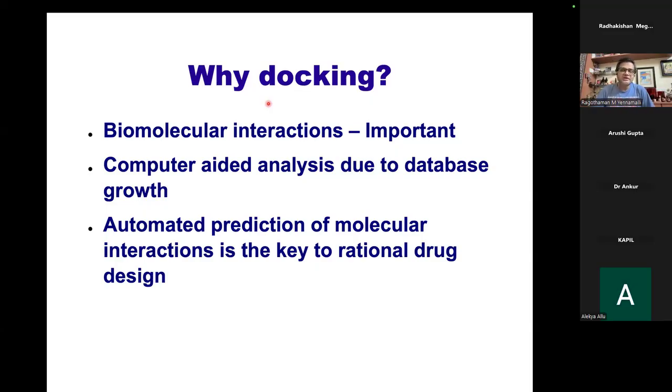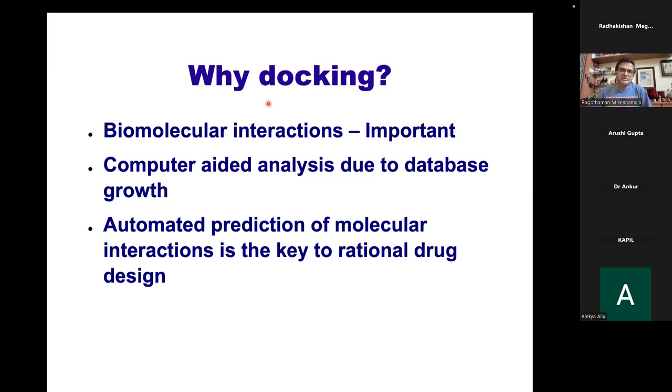A molecular interaction is when you have the structure of the protein and the structure of the molecules which are supposed to prevent the function of this particular protein or target. Studies where we know both the structures of the active component and the protein, we call rational structure-based drug design.